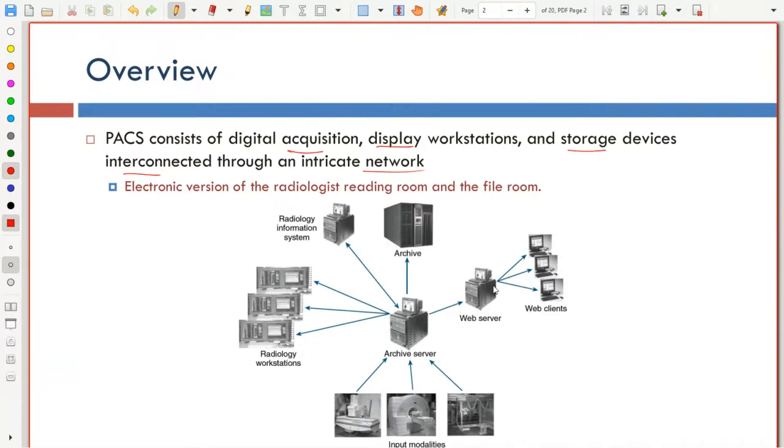The second element is the display workstation. There are workstations instead of film lamps, as doctors used to use before, where they would hang the film, light a lamp, look at the film and make the diagnosis. Now we have display workstations, and they have very specific requirements.